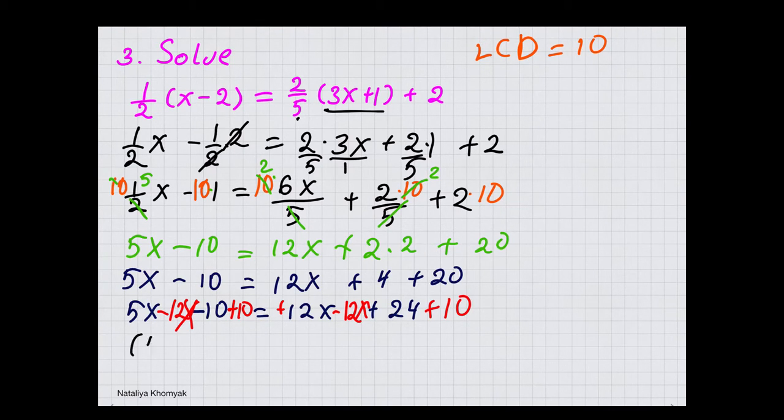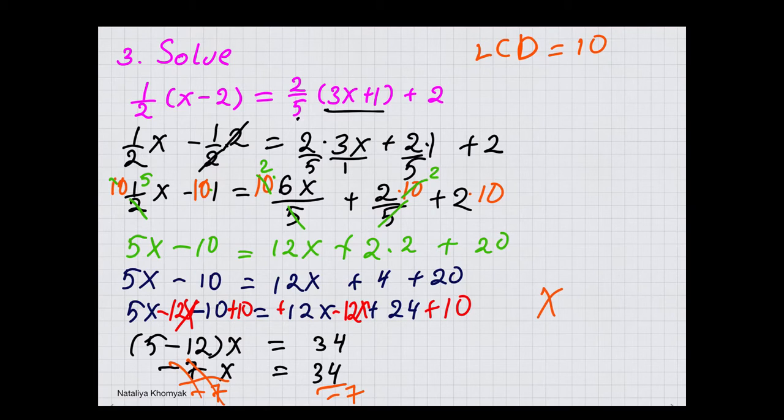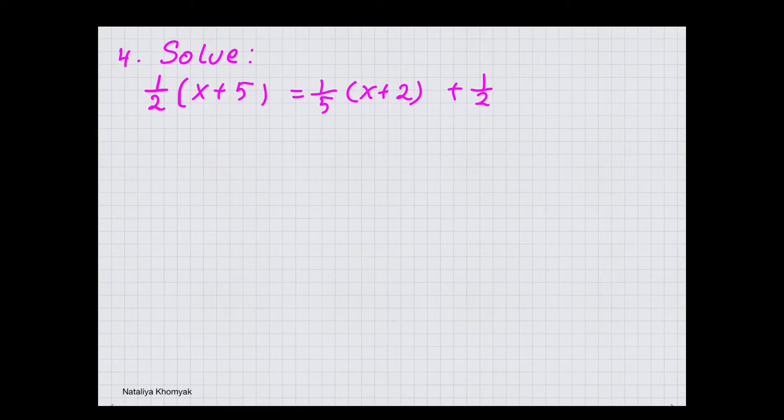So we have 5 minus 12 of x equals to 34. So negative 7x equals to 34. Out of negative 7, out of negative 7, x is equal to negative 34 out of 7. And that's our answer.